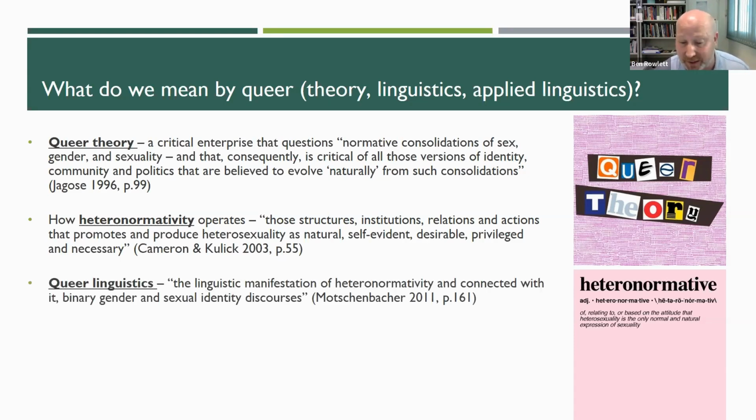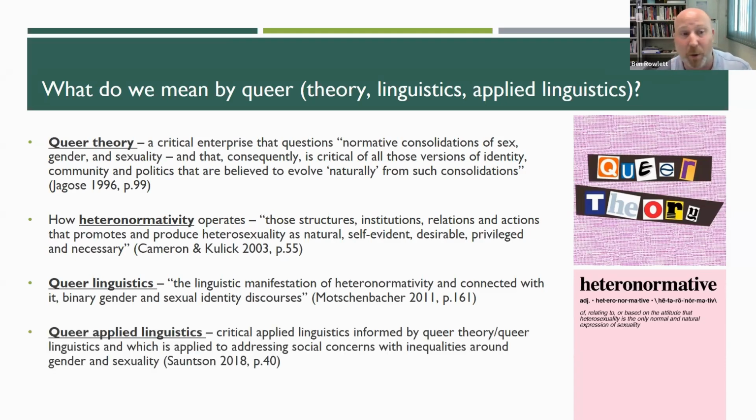So queer linguistics thus emerged from queer theory to provide a focus on the linguistic manifestation of heteronormativity and connect it with binary gender and sexual identity discourses. So then, in this context, queer applied linguistics can be seen as a form of critical applied linguistics, which is applied to addressing social concerns, or, of course, language-related problems with inequalities around gender and sexuality.